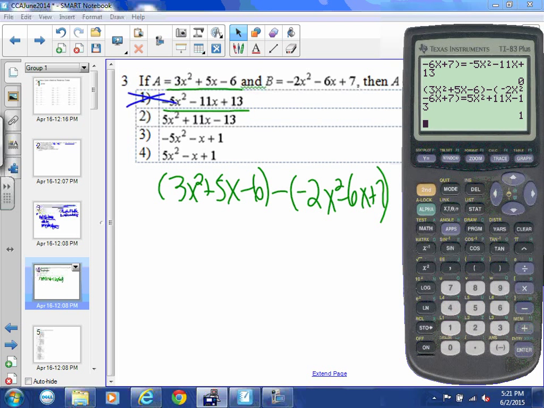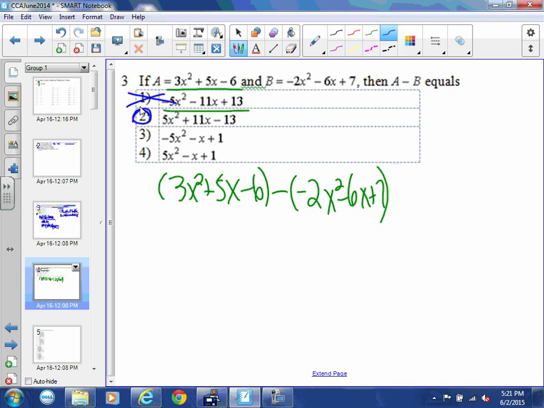It gives you a 1, which means that is equivalent. You do want to go through each choice to make sure that only one of them gives you a 1. In this case, only one of them does give you a 1, but it is possible that more than one of them will. If that's the case, then you need to read the question to see which one you answer. Usually whichever one is reduced or factored further is the answer.